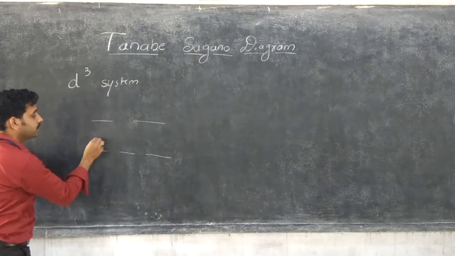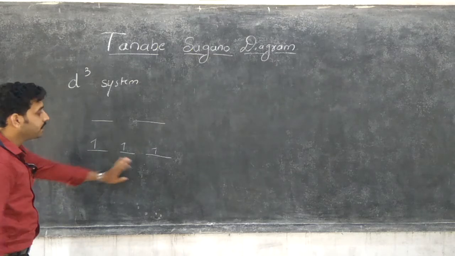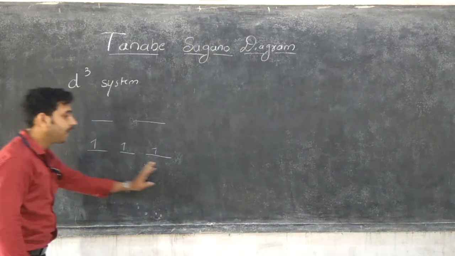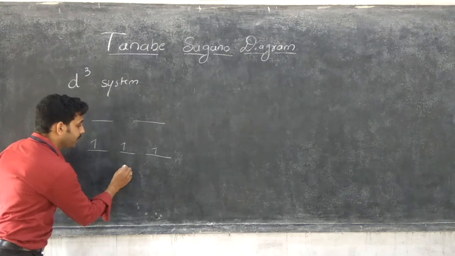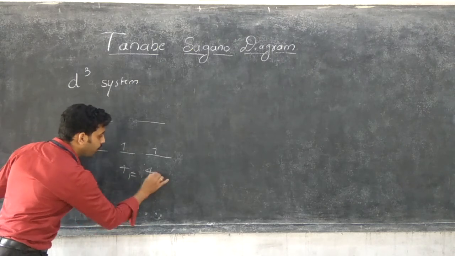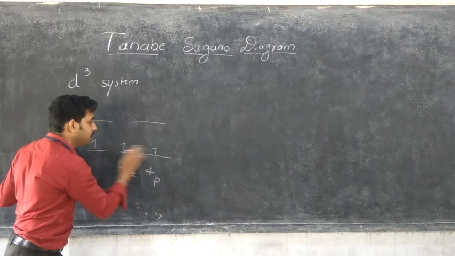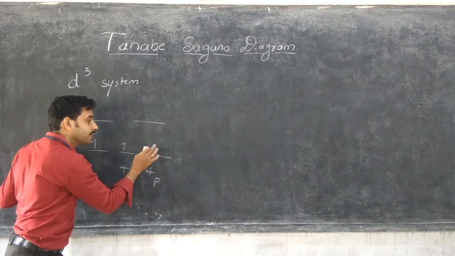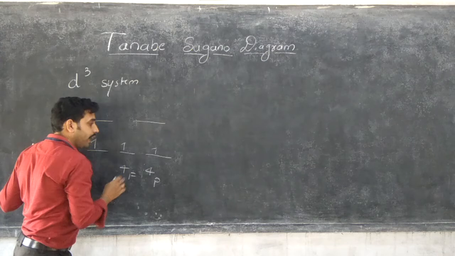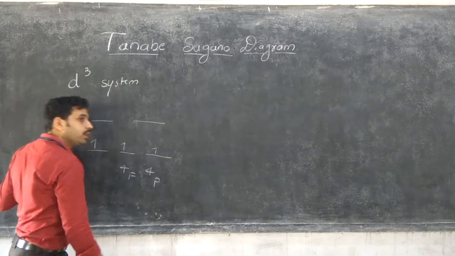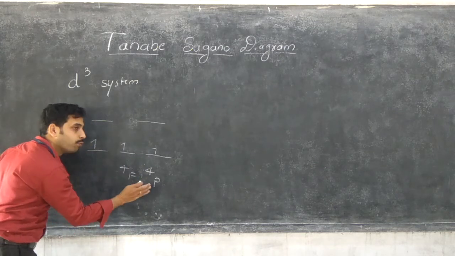In the d3 system, the 3 electrons are arranged like that, and based on this electronic arrangement, the spectroscopic ground state term should be 4F and 4P, because 3 half means 3/2 is the spin, and the spin multiplicity 2S plus 1 is 4. Based on its L value we can calculate that it is 4F, and the other term with the same spin multiplicity is 4P.